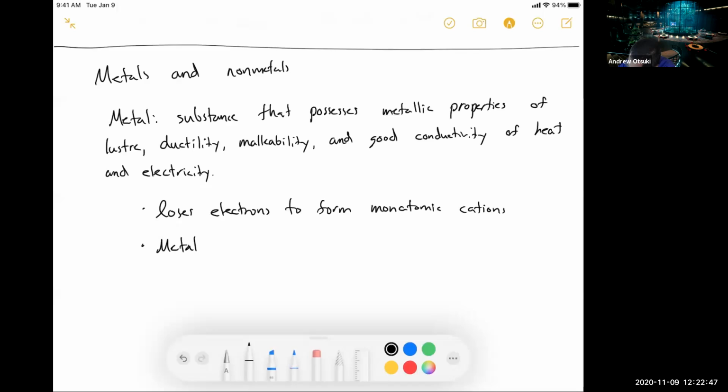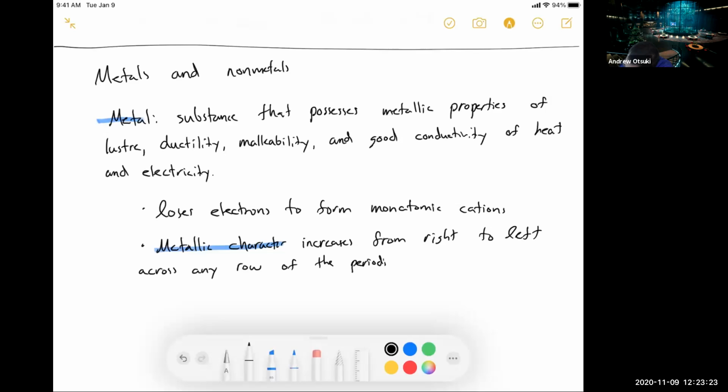The thing about metallic character is that it increases from right to left across any row of the periodic table, and from top to bottom in any column.